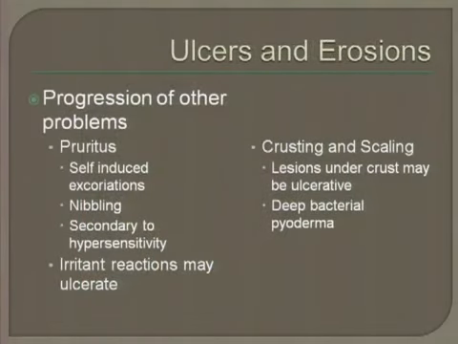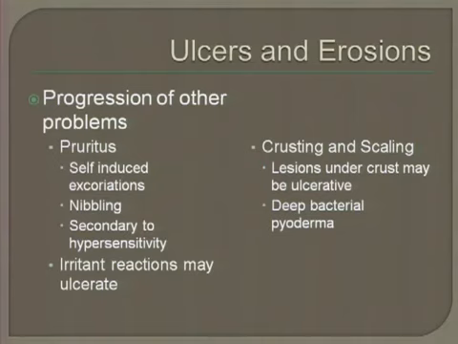And then ulcers and erosions. Let me do this slide, and then we'll be able to break. So ulcers and erosions, typically ulcers are going to be a progression of other problems that you're going to be identifying. So clearly pruritus can progress to ulcers and erosions just because self-induced excoriations, nibbling, that can lead to erosion of the skin.